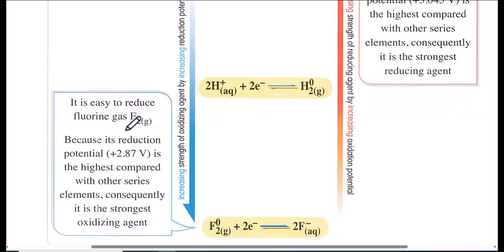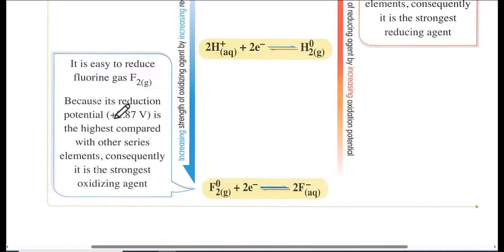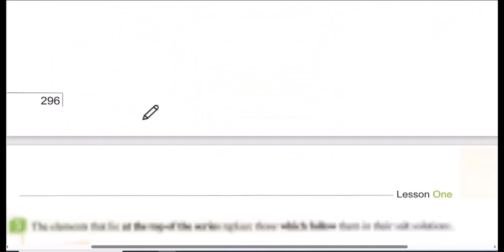The element which has a very high strength in accepting electrons has a very high reduction potential. So accepting electrons from other elements means oxidizing another element. Fluorine is the highest in reduction potential, so it is the strongest oxidizing agent.